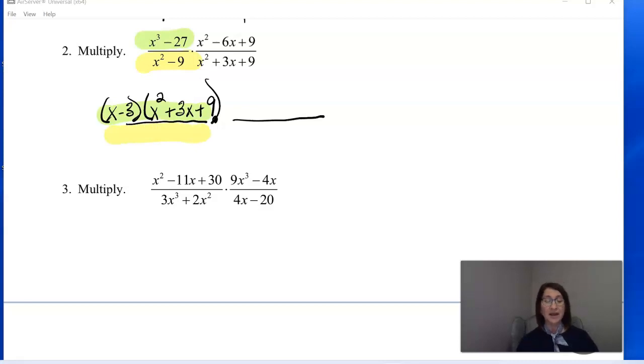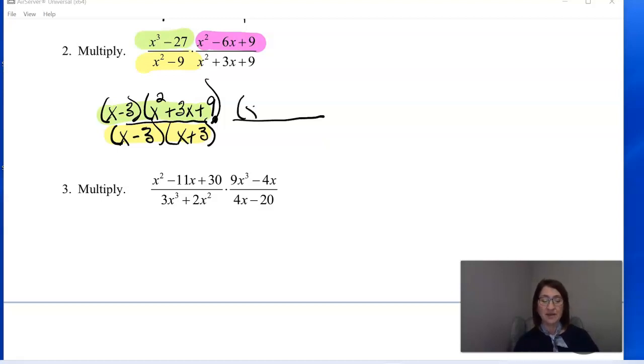So in the denominator of that same rational expression, I have a difference of 2 squares. When I put that into its conjugates, into the factored form, it's x minus 3, x plus 3. Now I can go over to the second rational expression, and let's look at that numerator. Well, that looks like a difference of 2 squares.